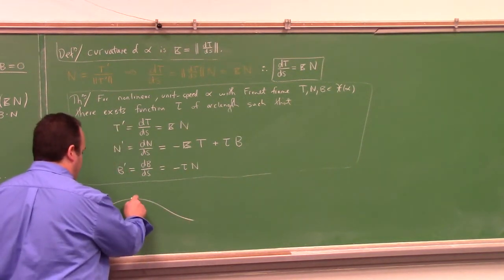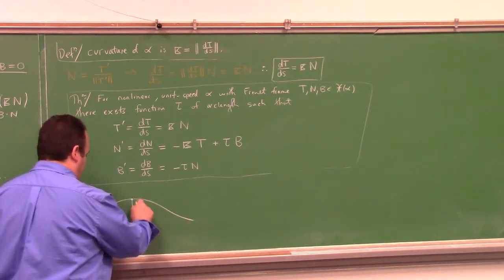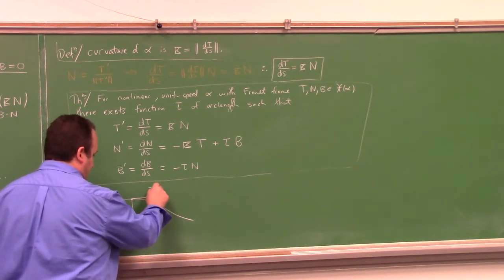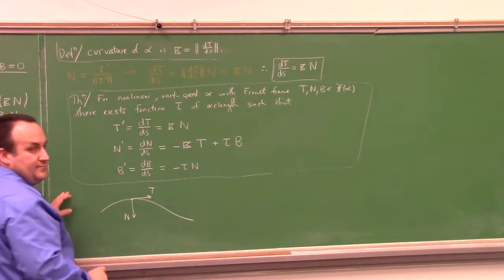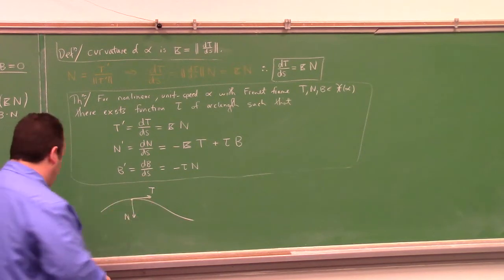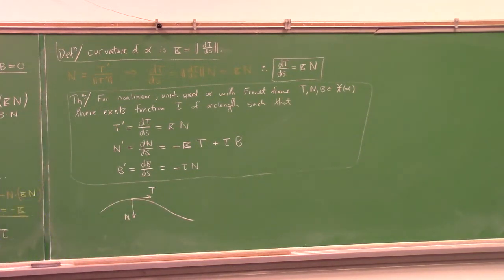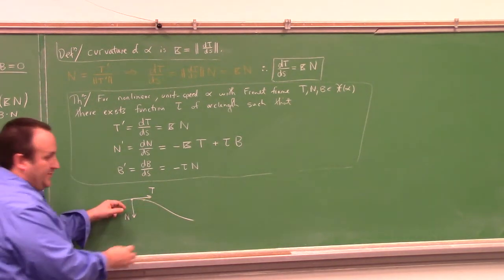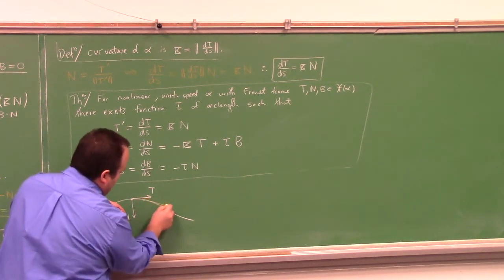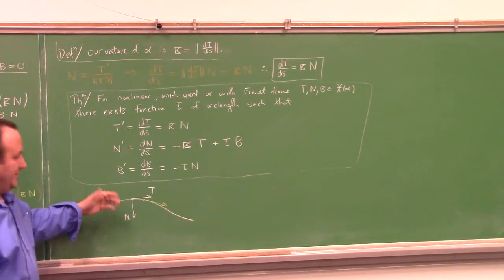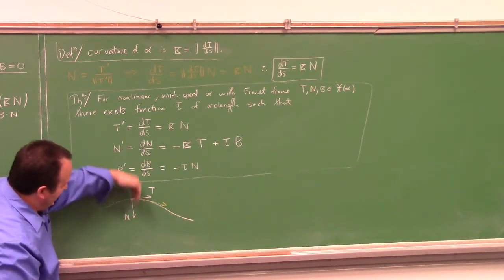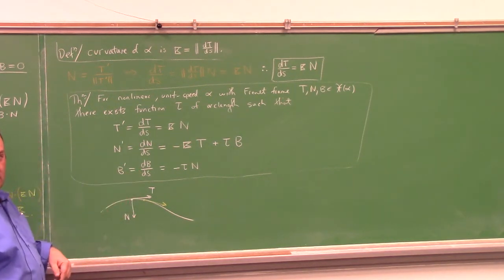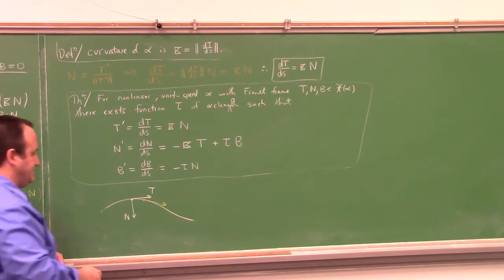So this is the normal direction. This is the tangent direction at that point, right? The curvature here is positive. If you think in your mind's eye about just evolving a little bit over to here, what's happening is that the unit tangent is getting twisted down into the normal direction, right?